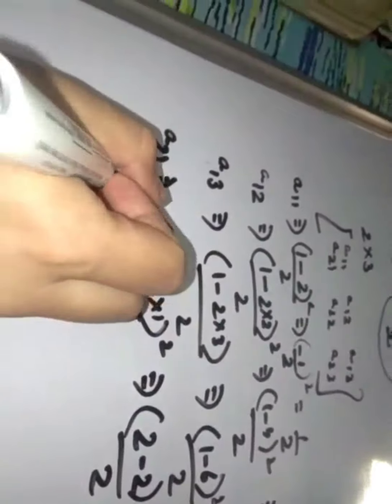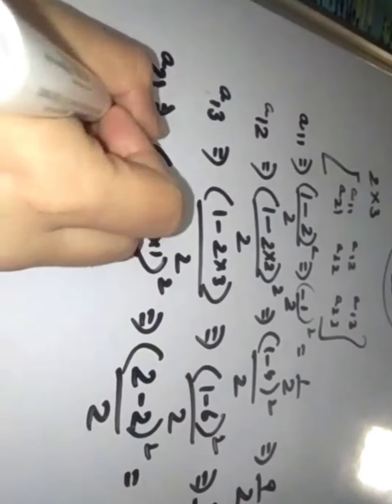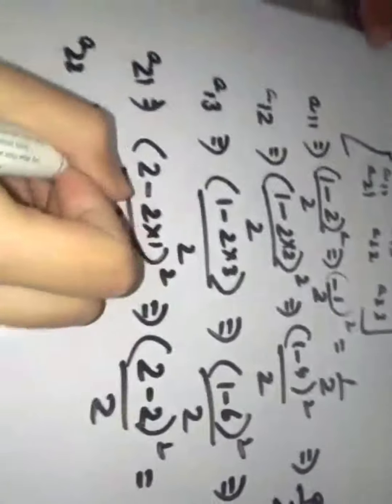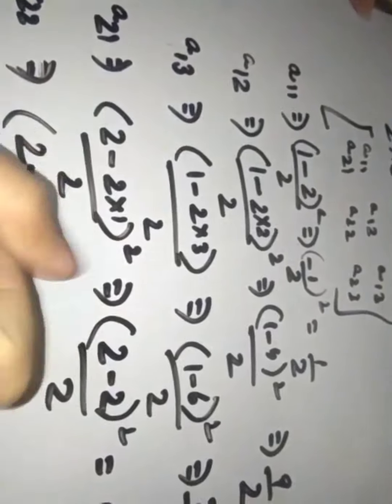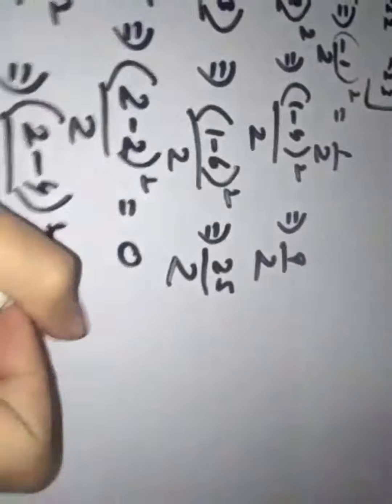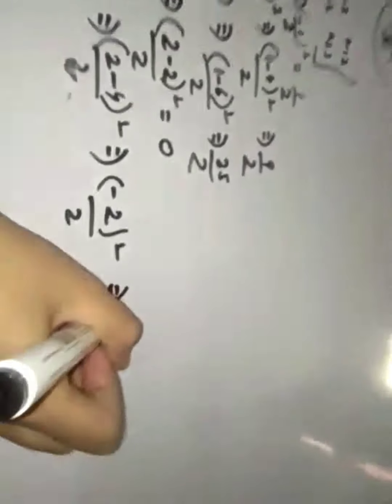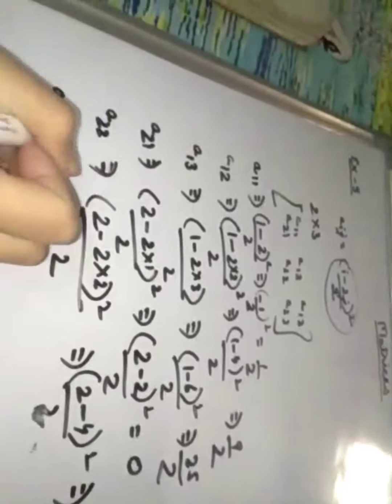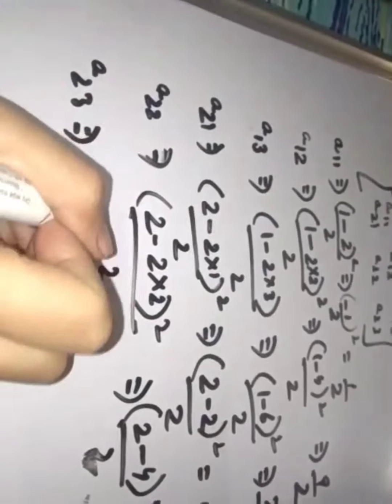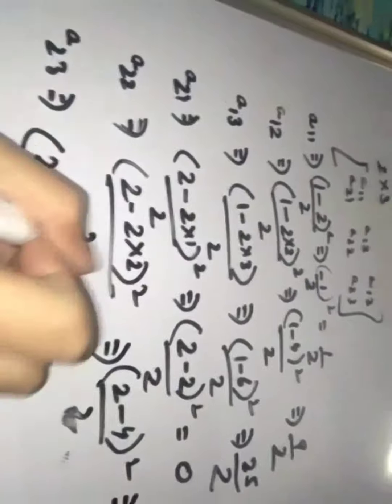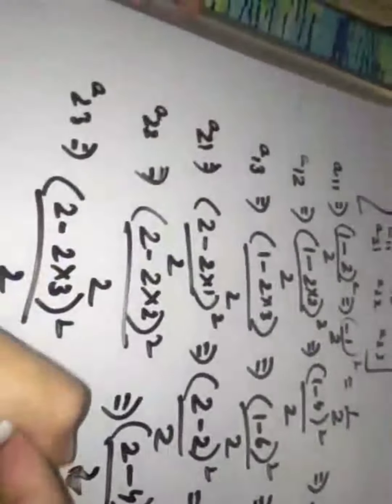Here we have to substitute the values in the required matrix. a22 equals (2 minus 2 into 2) whole square upon 2, which is (2 minus 4) whole square upon 2, equals 4 by 2, equals 2. a23 equals (2 minus 2 into 3) whole square upon 2.